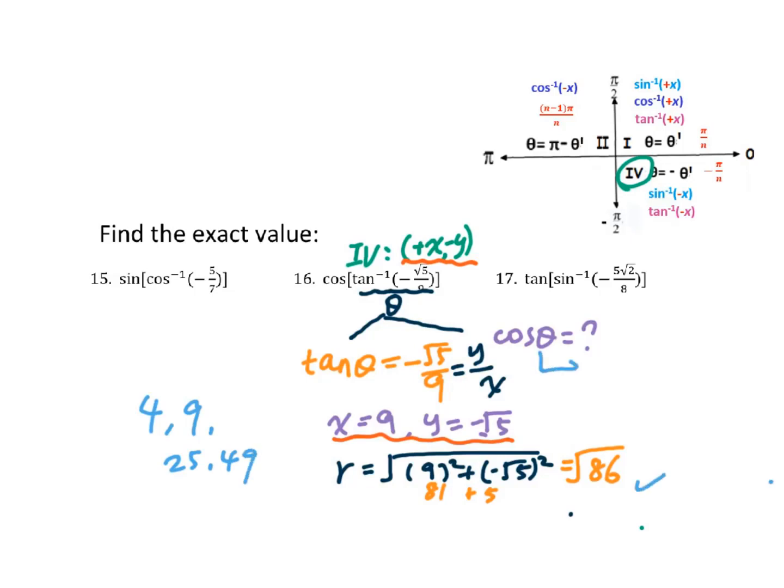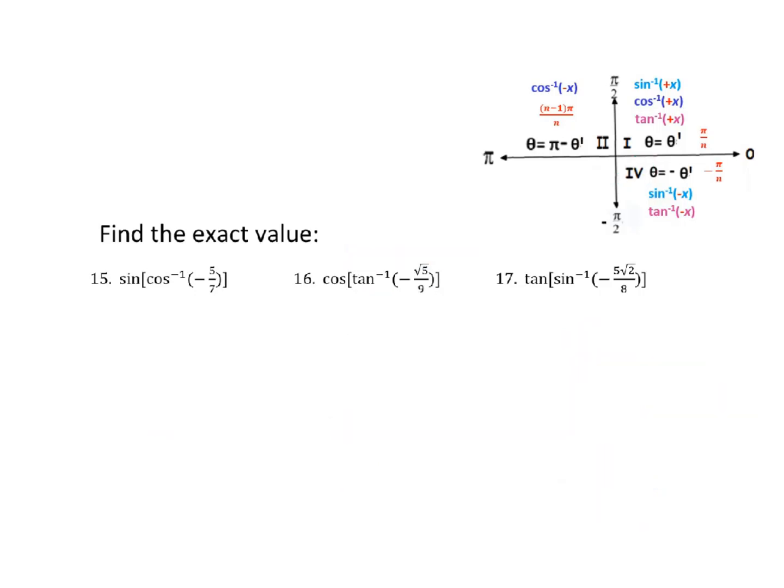Therefore, for cosine theta, that's x over r. You got 9 over square root of 86. Simplify, you got 9 square root of 86 over 86. This will be the final answer for number 16. Let's go to number 17.